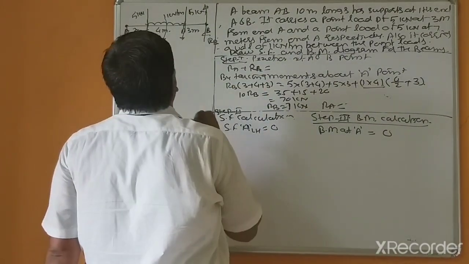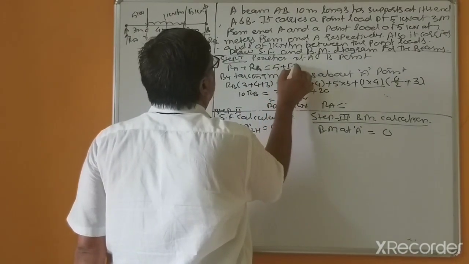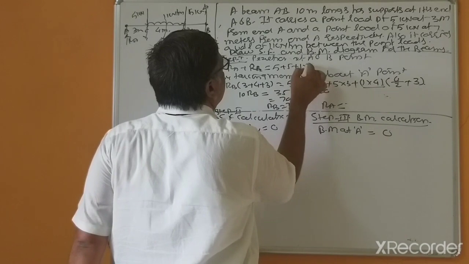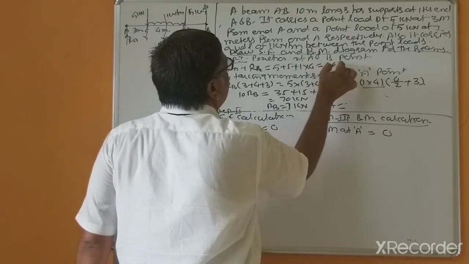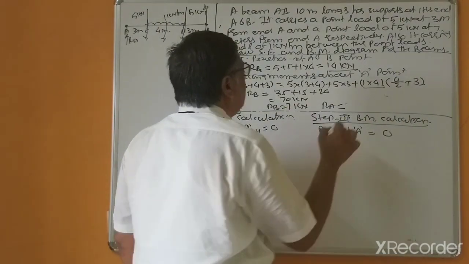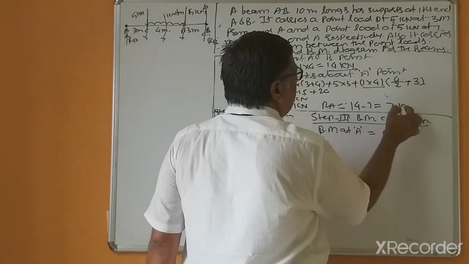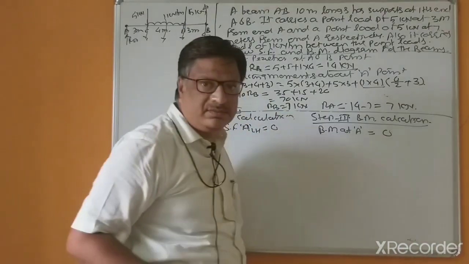RA plus RB equal to 5 plus 5 plus 1 into 4, equal to 14 kilonewton. So RA equal to 14 minus 7 equal to 7 kilonewton.